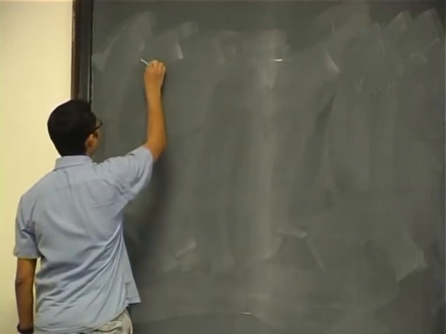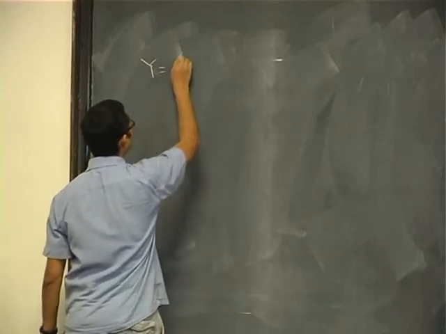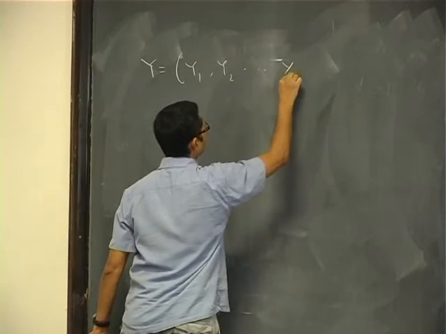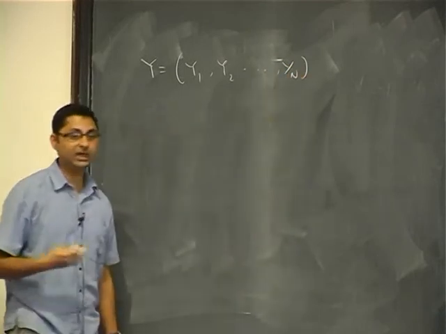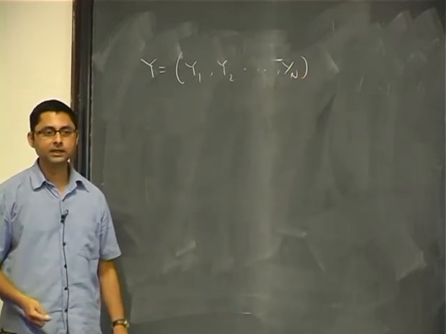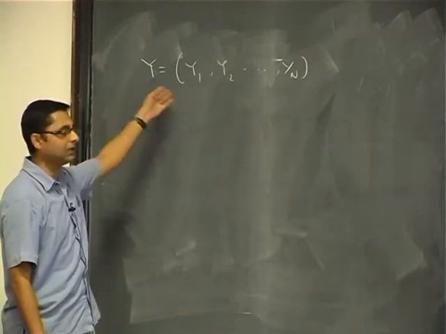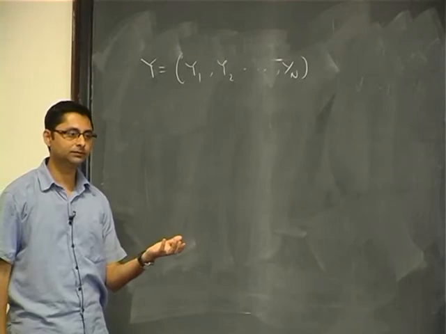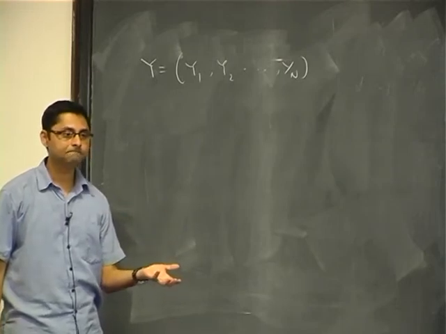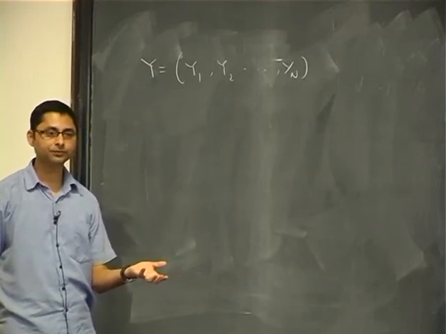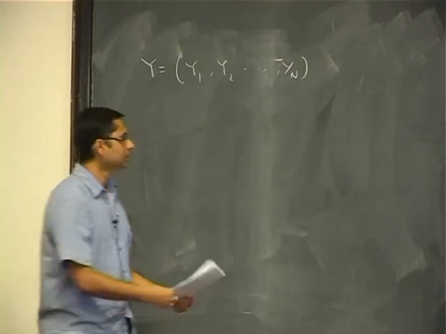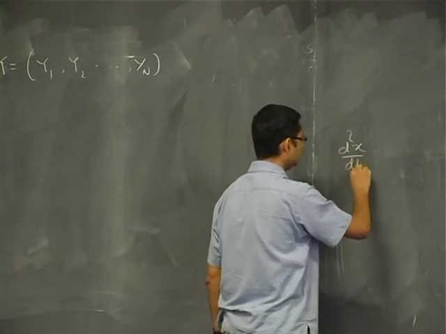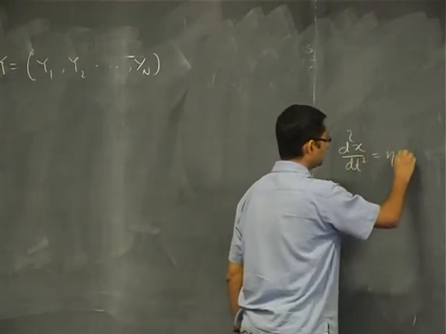Let's call this variable y, which has y1, y2, up to yn, so it is a process of n variables. It is a Markov process, meaning these variables satisfy a stochastic differential equation. Take the case where the second derivative of x equals noise.